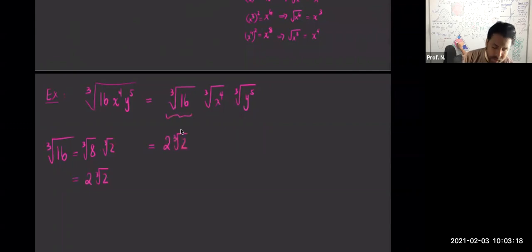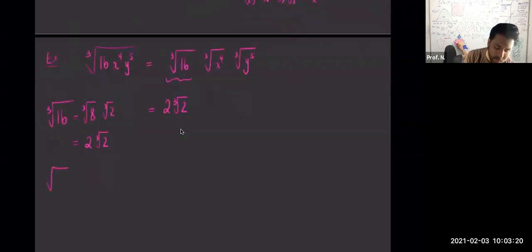But now the more interesting thing is how do we break down the cube root of x to the fourth power? In this case, we're dealing with cube roots, not square roots anymore. So what we're concerned with are not perfect squares, but perfect cubes.